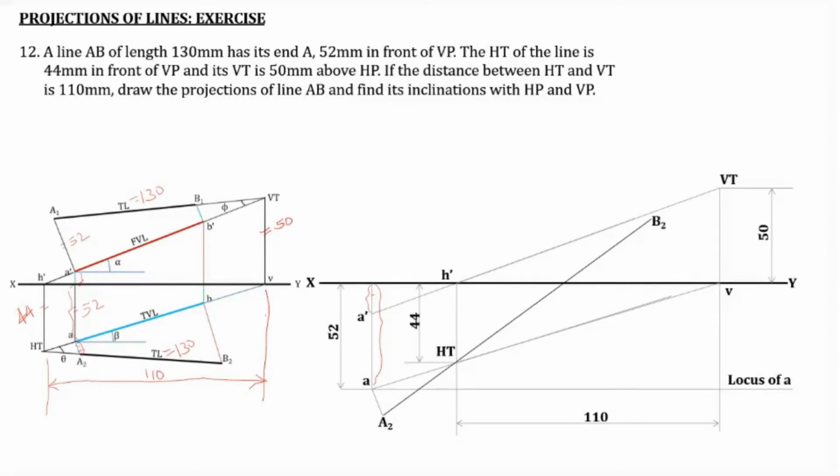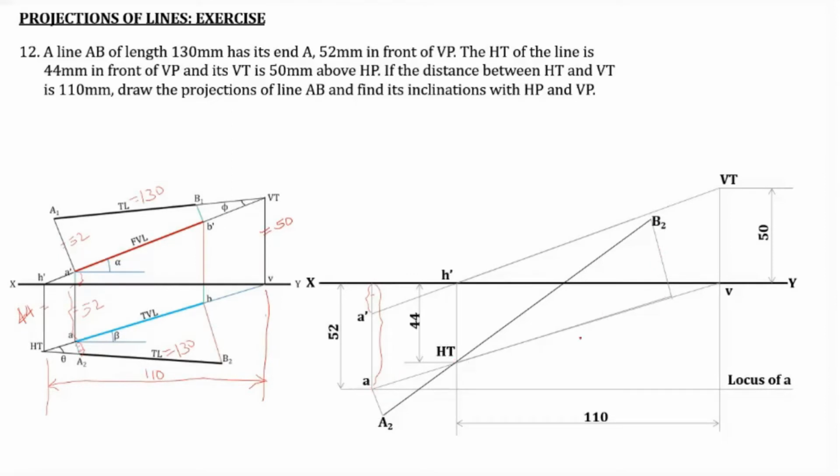Then you can join B2 with a line which is perpendicular to the AV line. This line should be perpendicular to this AV line.